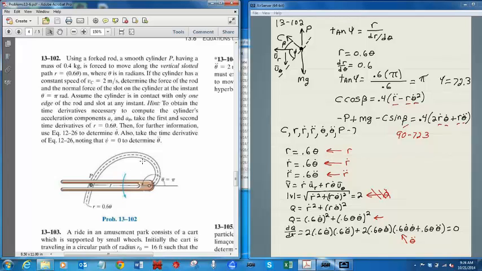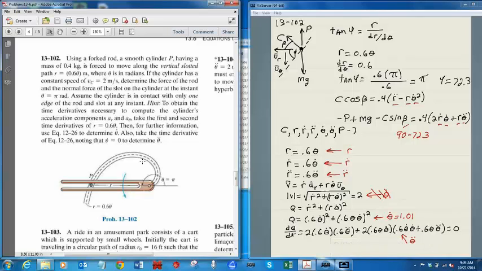The speed squared is 16, because the speed was equal to, oops, I'm sorry, put in the wrong number, so it should be a speed of 2 squared is 4. I put in the wrong number, so hang on a second. So I'm getting theta dot of 1.01. So out of this equation I get theta dot equals 1.01. So let me pause and then I'll go get the rest.